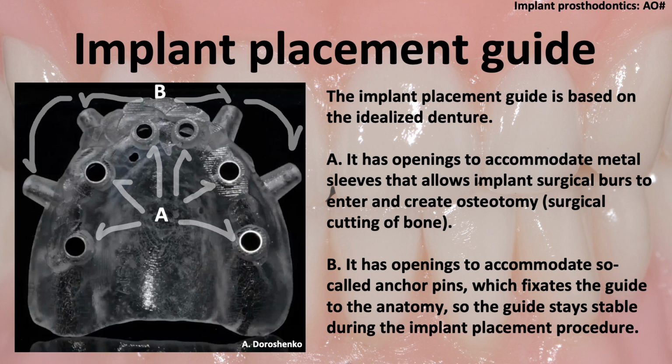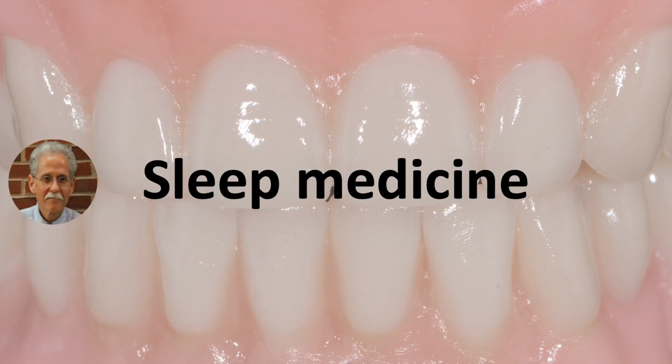Because when we place implants, we do put considerable amount of torque, and that could sometimes destabilize the guide. So these pins we call anchor pins really help in that regard.